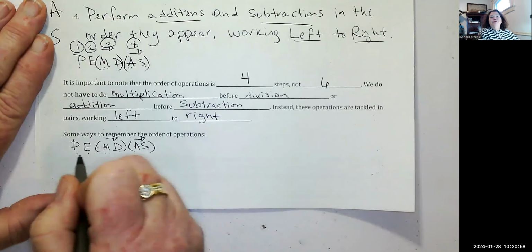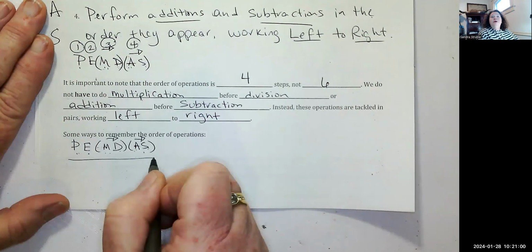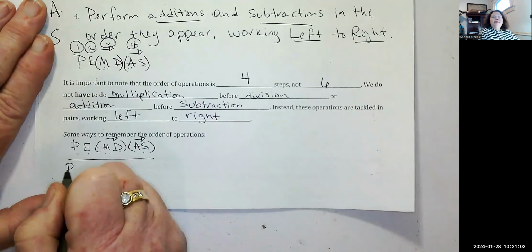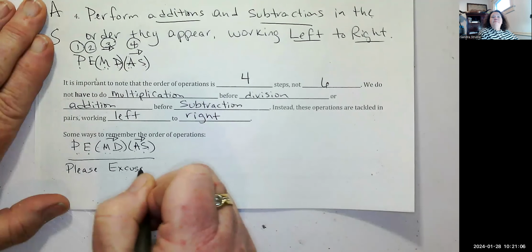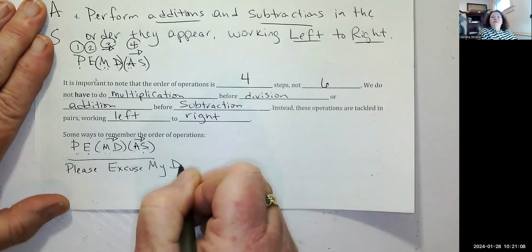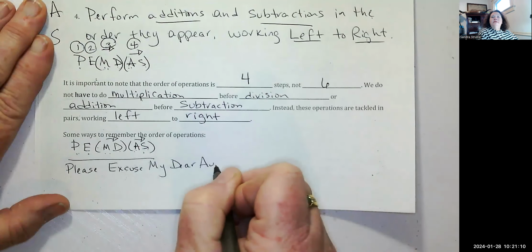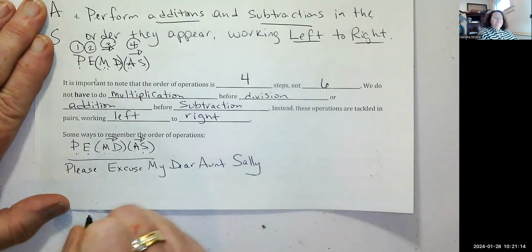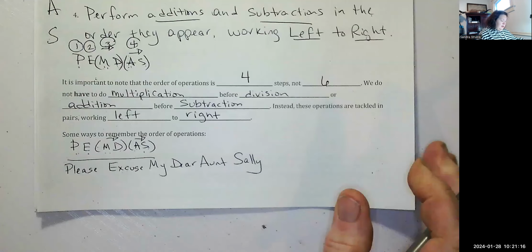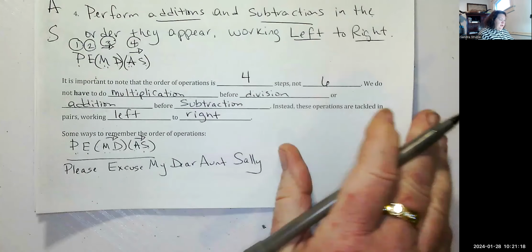Whatever works for you in order to remember this order of operations. So I'm going to put, please excuse my dear Aunt, and come up with a name for S that you'll remember. Usually people use Sally. Okay. That is order of operations initially, and let's do some practice on this.